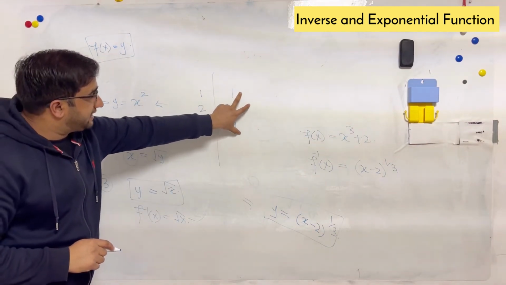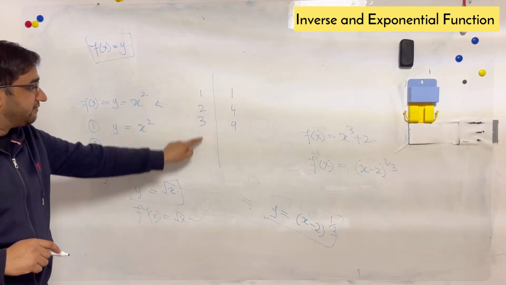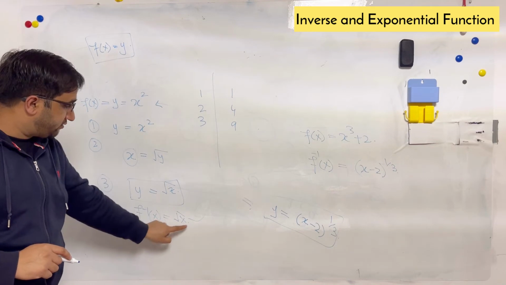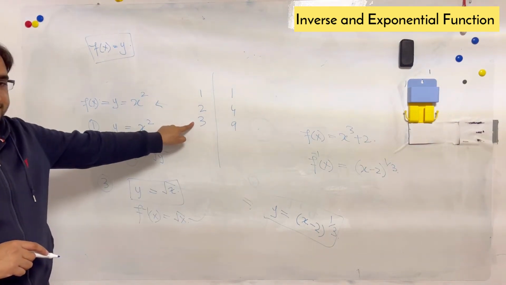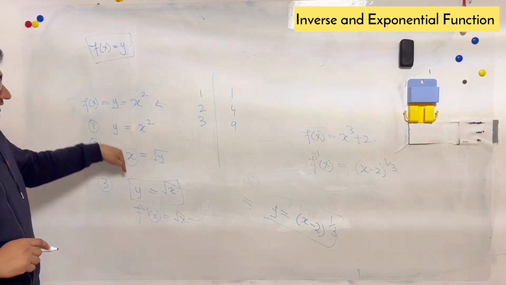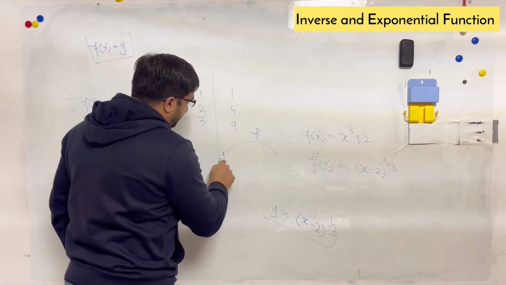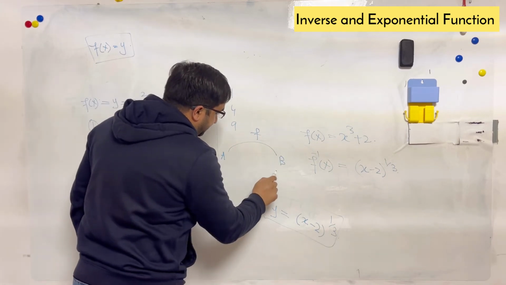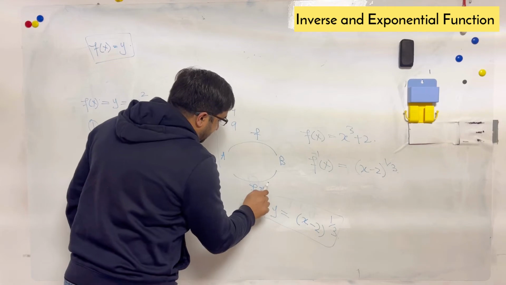Consider this set as your input. Put 1 into the inverse function, you will get 1. Put 4, you will get 2. Put 9, you will get 3. So it is a reverse process. This is f from the set A to B, then f inverse gives you back the set A from B.